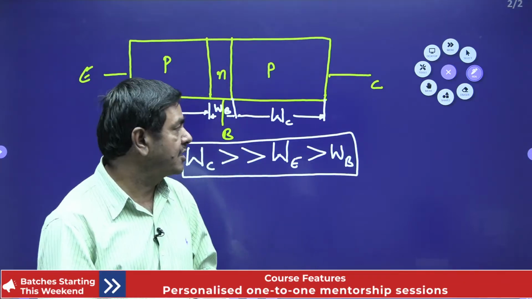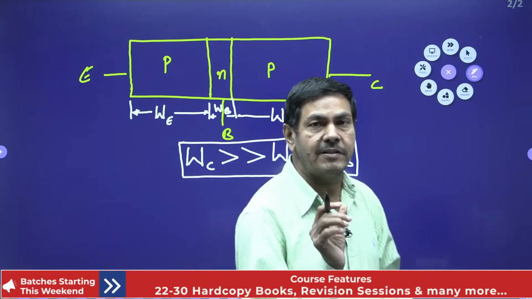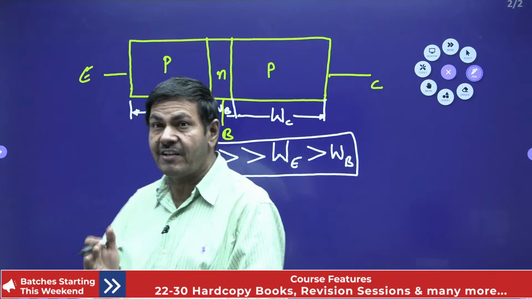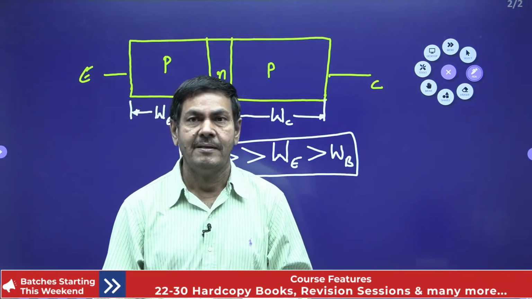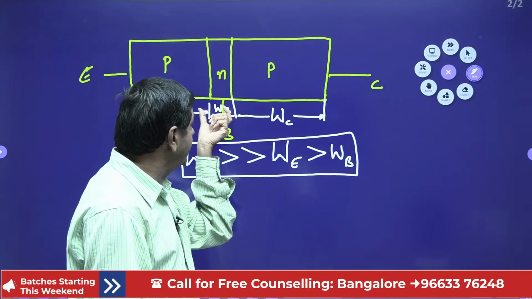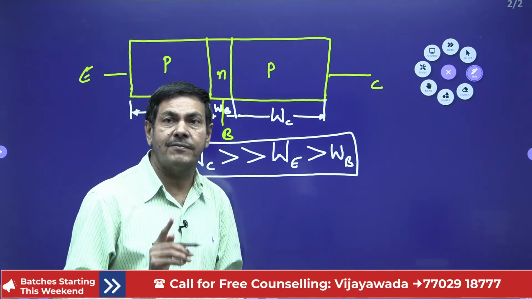And a second doubt is going to arise. Why should I maintain the width of the base very, very small? Not just small, very, very small compared to the width of the collector region. The base is required for the recombination of electrons and holes.